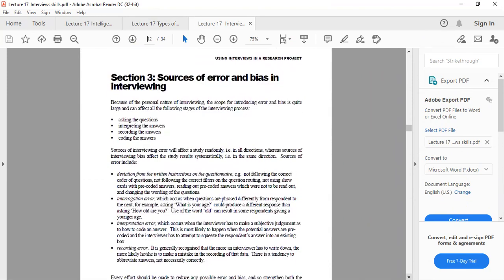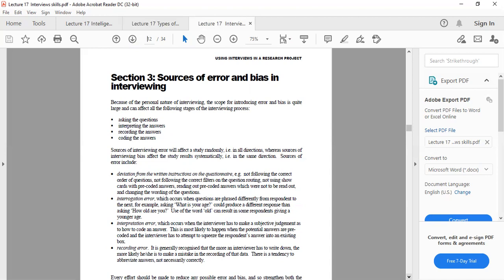Looking at some sources of error and bias in interviewing, a deviation from written instructions on the questionnaire can become a source of bias and error. Interrogation error occurs when the questions are phrased differently from one respondent to the next. For example, "what is your age" could produce a different response than "how old are you."